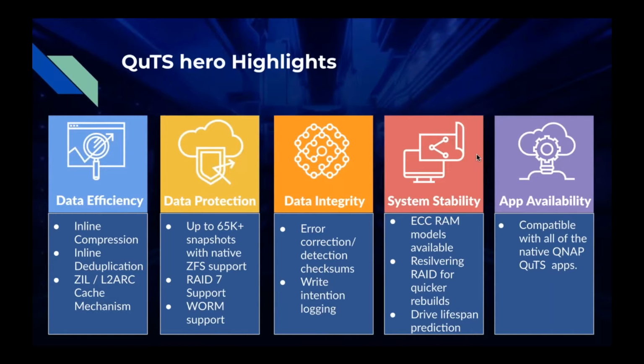With the ZFS snapshot, you're going to be able to take over 65,000 snapshots. So potentially you can have more versions of your data, perhaps lower your RPO, and really customize your snapshots.